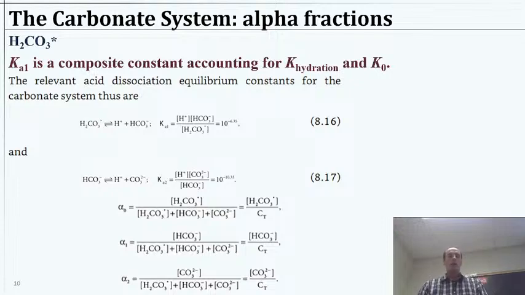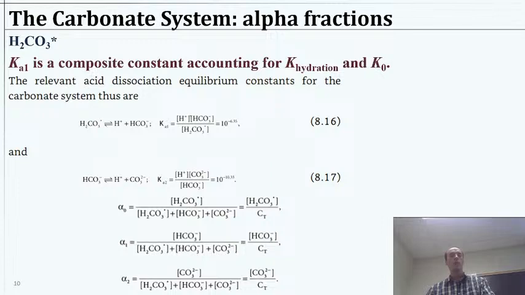So I mentioned the alpha fractions. Here I have them all written out for you for each of our equilibrium reactions. So we have carbonic acid, H2CO3, in equilibrium with bicarbonate. That's our first Ka. So we've done a lot with just one single Ka. In a diprotic system, we'll have two equilibrium reactions going on.